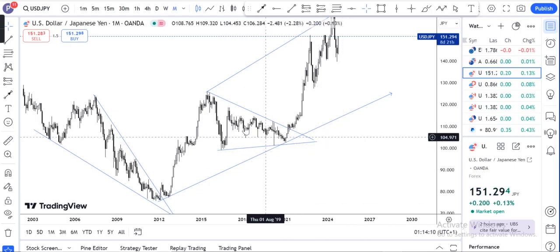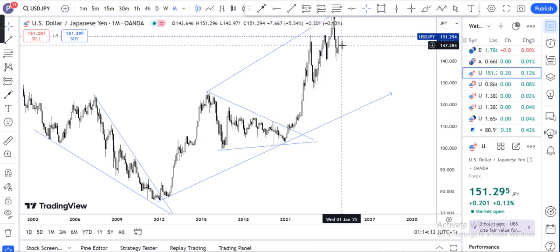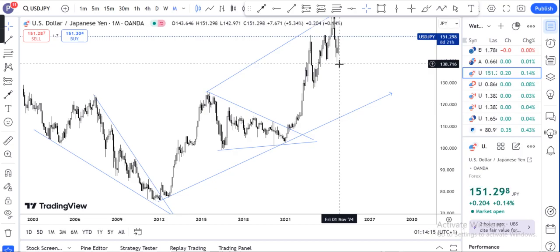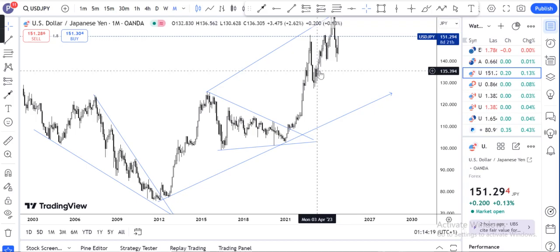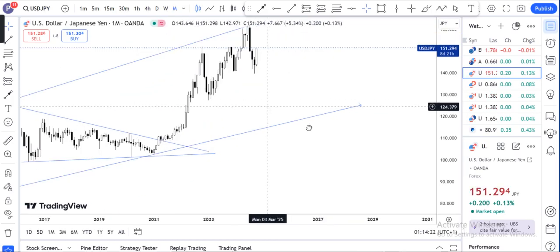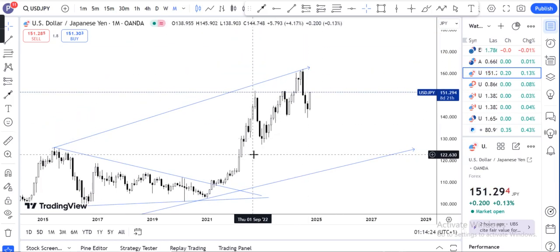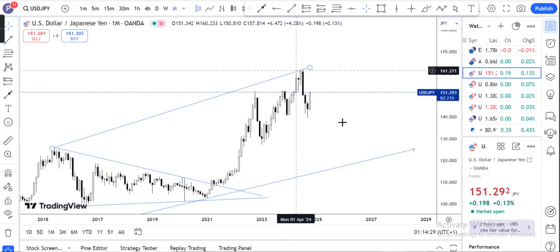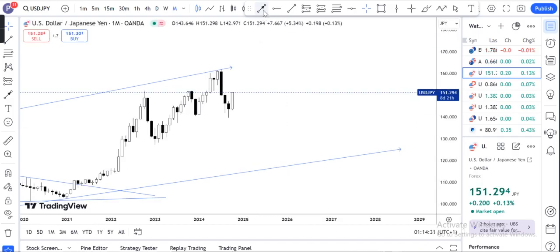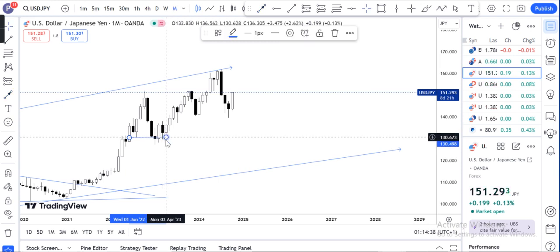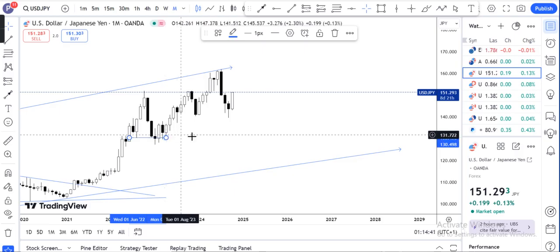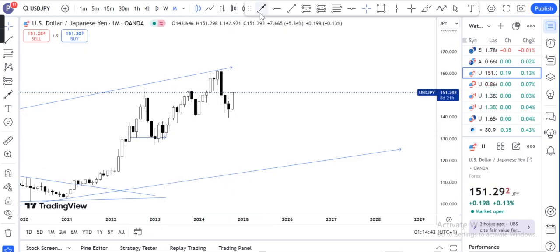pattern. So we got this on the monthly time frame, and then we are currently playing around the higher time frame, these highs. Basically, on these highs, we can clearly see that the market is playing an uptrend, and on these highs, we can see this is our liquidity swipe, which is one very beautiful thing we want to see in the market.